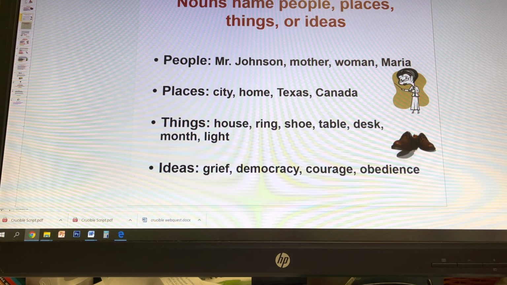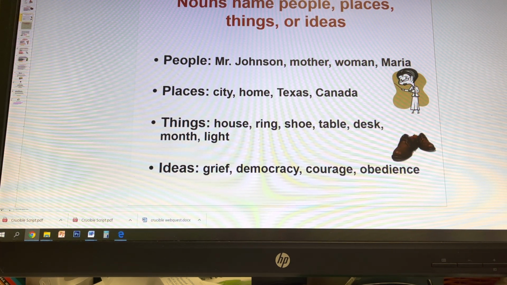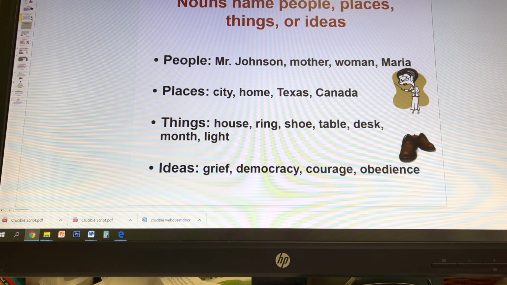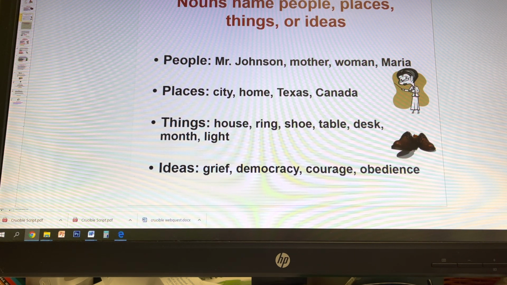All right, so nouns name people, places, things, or ideas. When you were in 3rd grade, nouns named people, places, and things. That's because your brain had actually not grown to the point that you could understand an abstract idea.